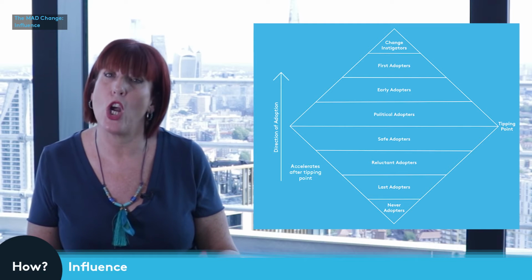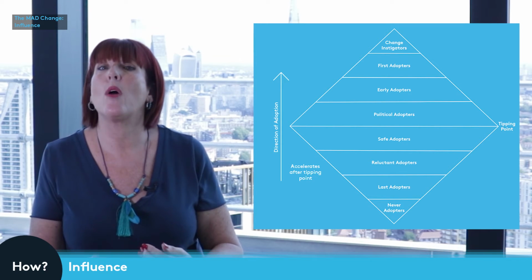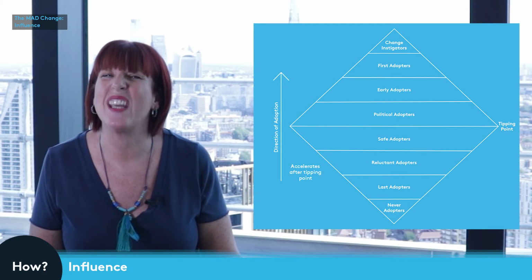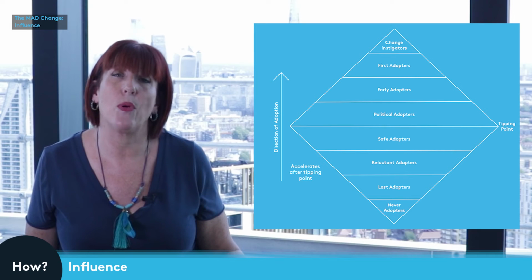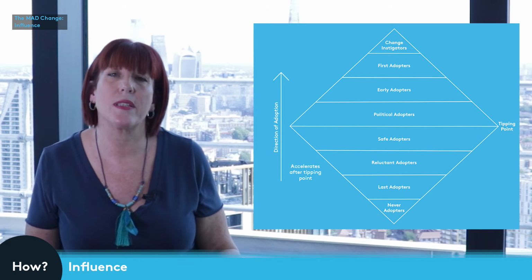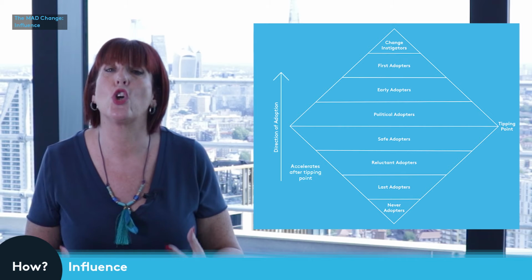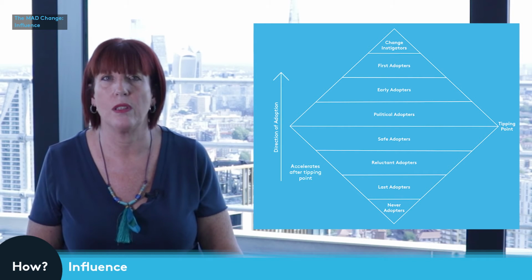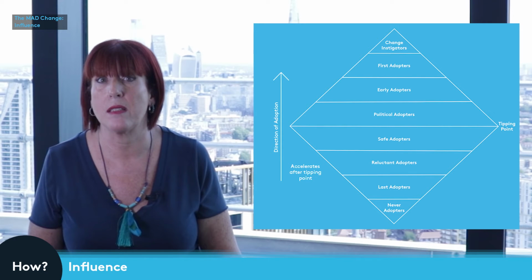Those are the ones that know they have to adopt early so that they'll be well thought of within the company. What they don't want to do is miss the boat. We will then have a tipping point. This is where over 50% of a team, a department, or an organisation have adopted the new culture or processes or systems. This will then accelerate through to the rest of the business.